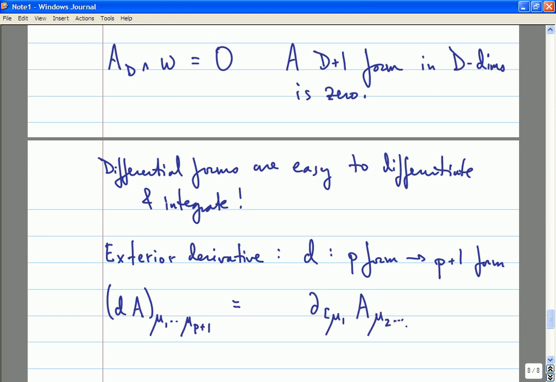I take the derivative, I get another index, then I anti-symmetrize over all of the indices. And I introduce a factor in order to make your life difficult. And this is a p plus 1 form.